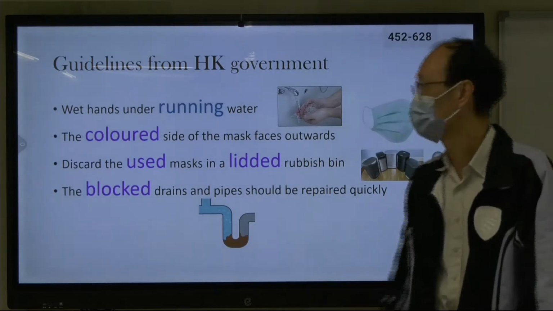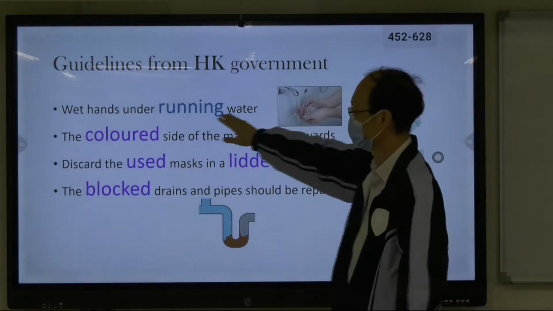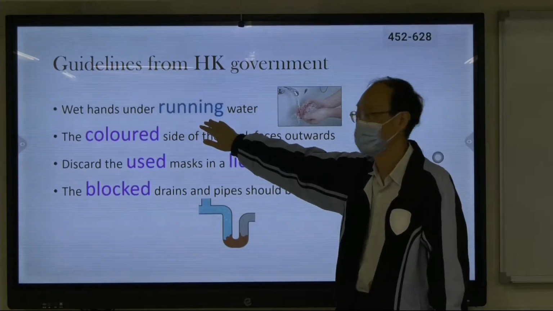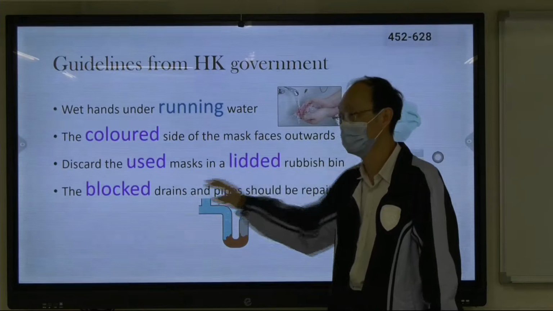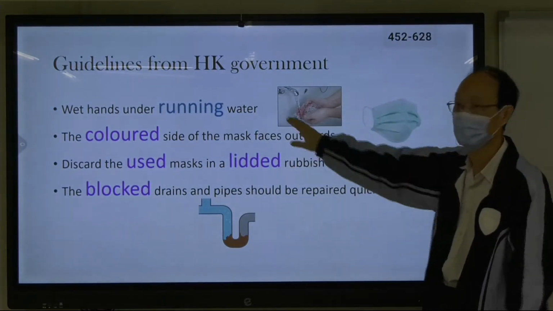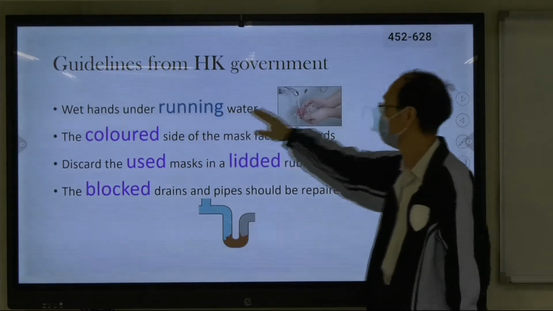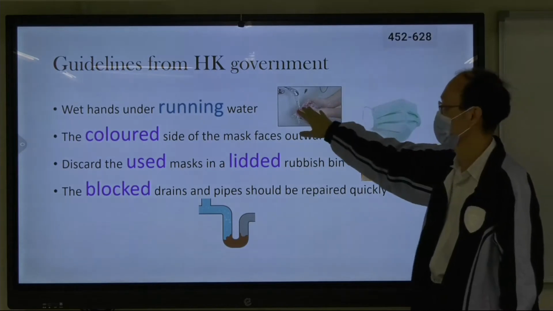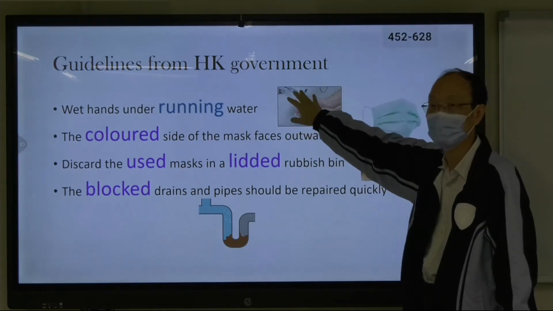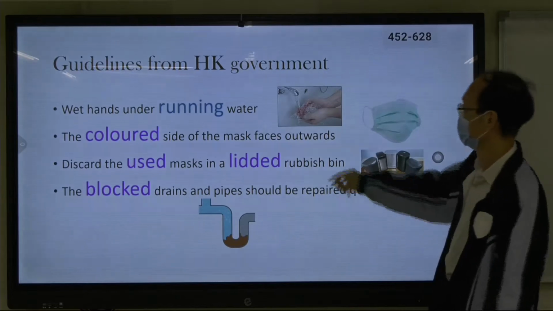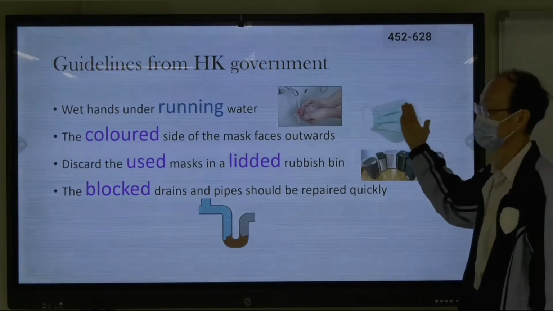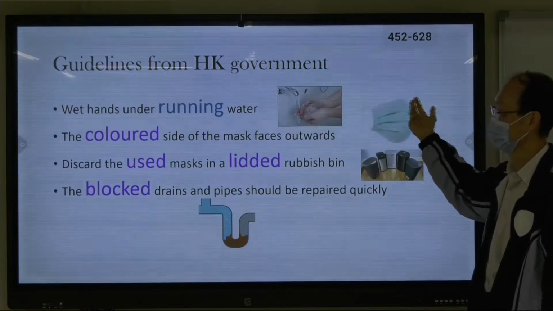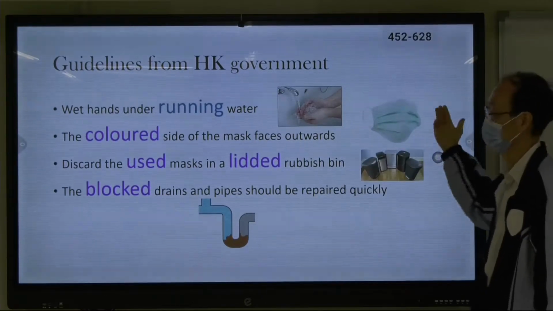Look at these words here. Sometimes we use running, sometimes we use colored, or blocked. For example, you can see running. Look at this picture. The water is running out from the tap. The mask, the colored side, faces outwards.